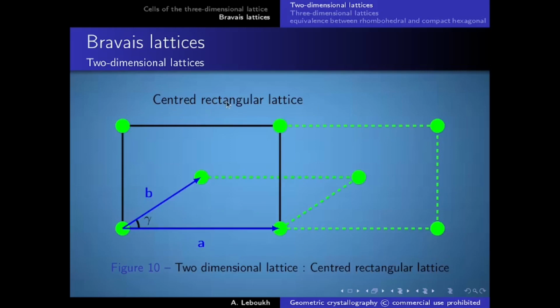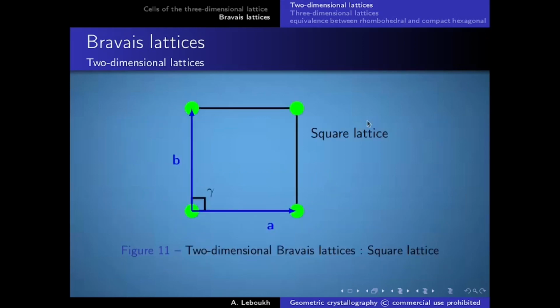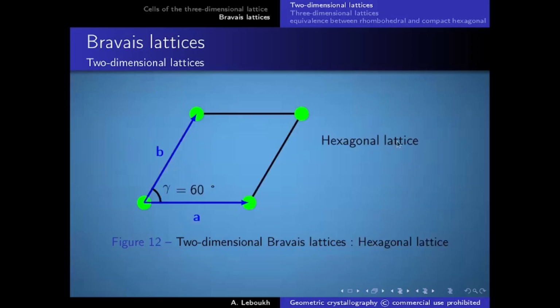The centered rectangular lattice, which is characterized by A different from B and gamma any, different from 90 degrees. The square lattice, A equals B and gamma equals 90 degrees. And finally, the hexagonal lattice with A equals B and gamma equals 60 degrees.